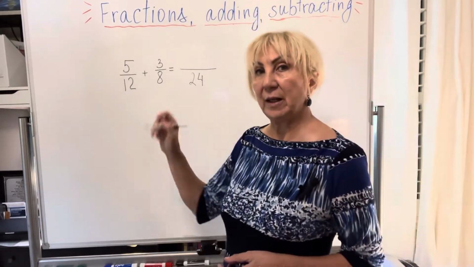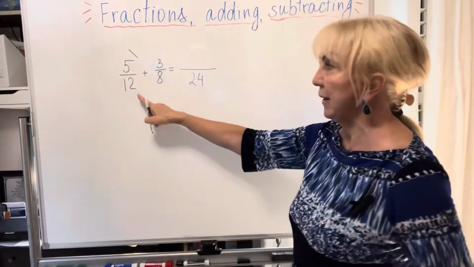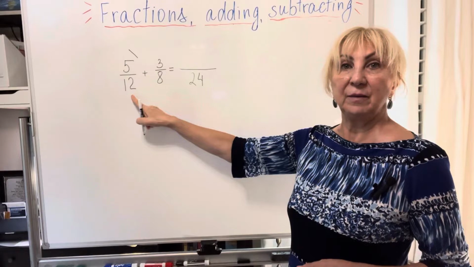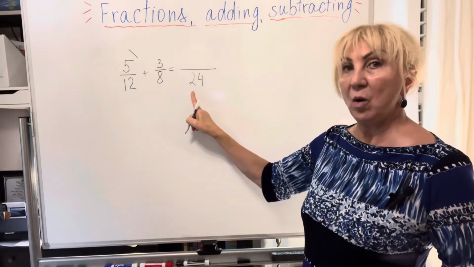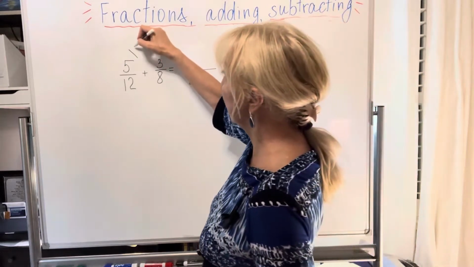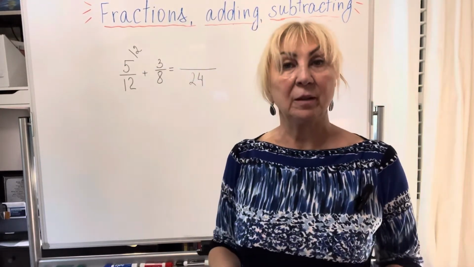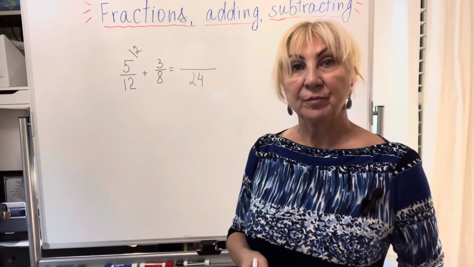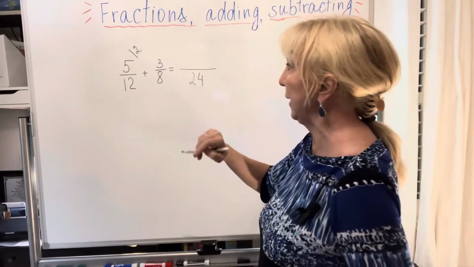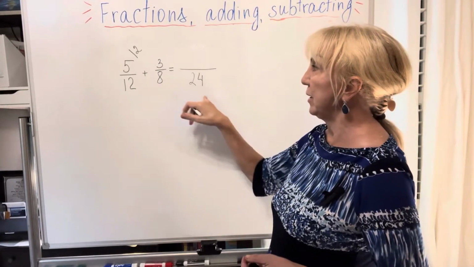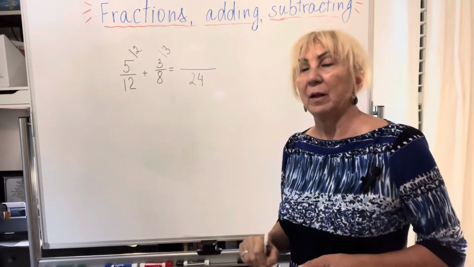Let me work out the numerators now. Since the denominator was 12 and we multiplied by 2 to get 24, we multiply the numerator by 2 to keep the same fraction. For the second one, we had 8, and we need 24, so we multiply by 3.